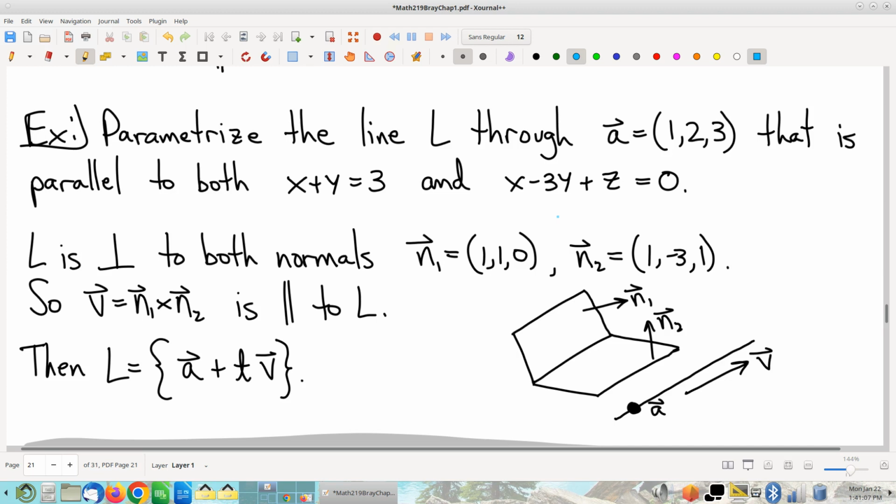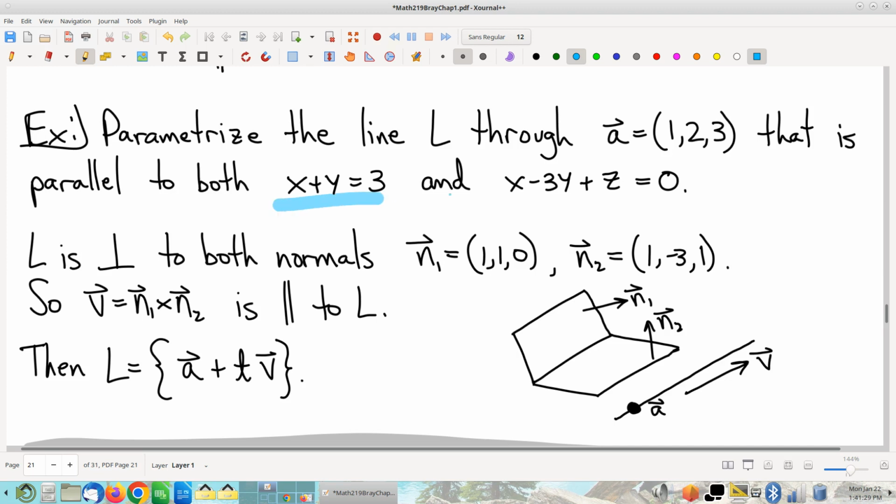So when you find yourself in this sort of situation, really the best broad stroke approach to the problem is first to realize, what does this mean you're given geometrically? What are the related geometric objects that you know? And what are the related geometric objects that you need? So let's talk about the planes, right?